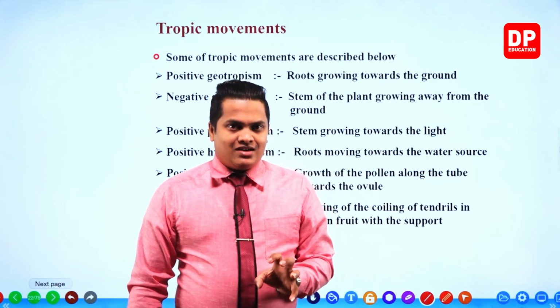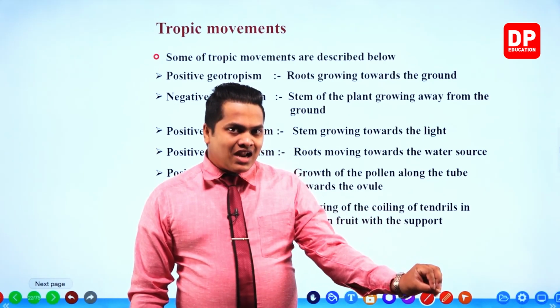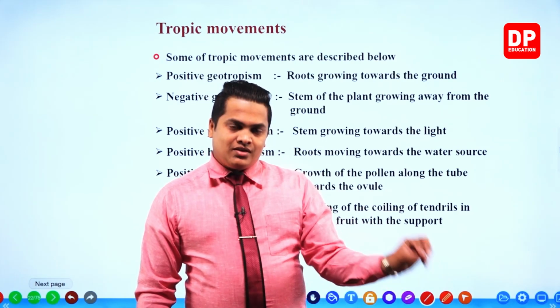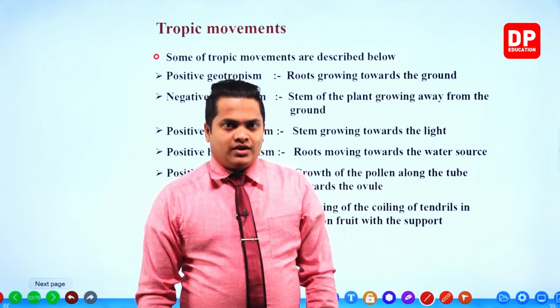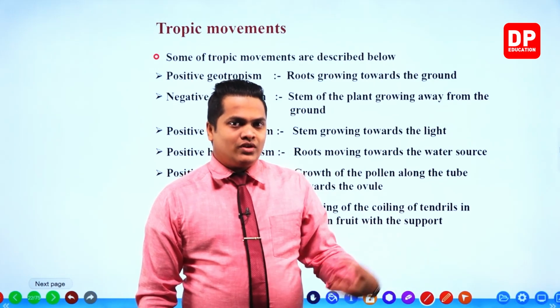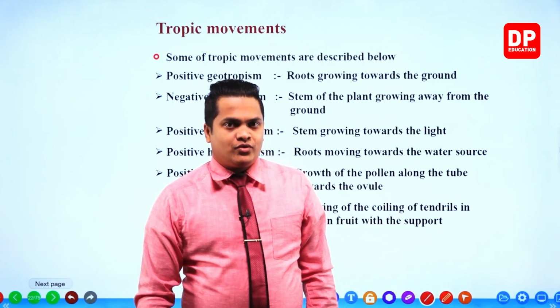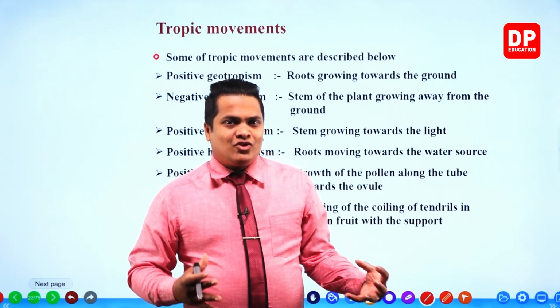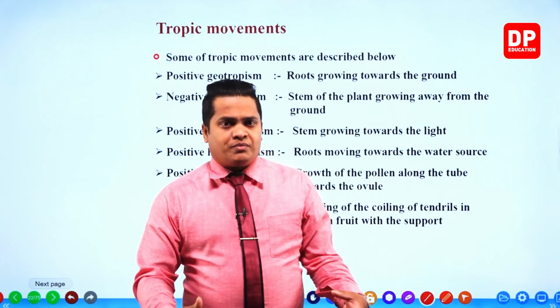Now here, towards the ground. Positive means towards, no? So towards the ground, trophic movements are going to occur. Towards the ground, the growth of a certain substance is going to occur. Right? So that is what we mean by geotrophic movement or geotropism.